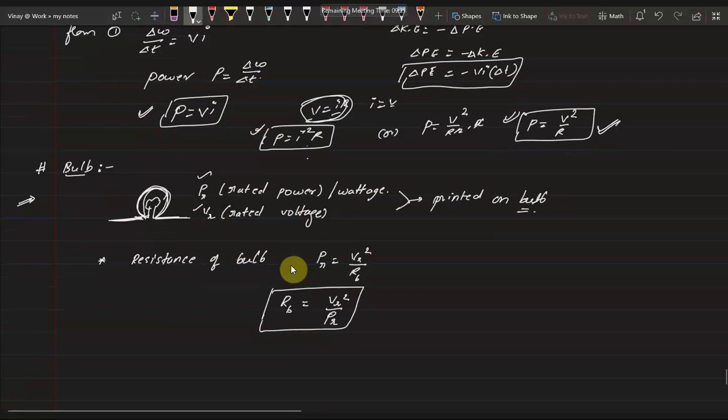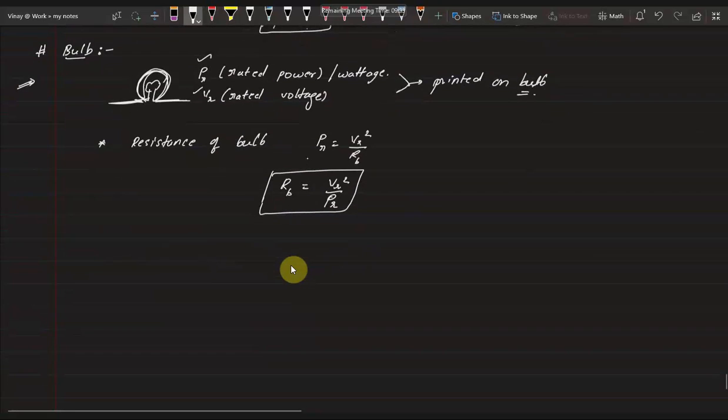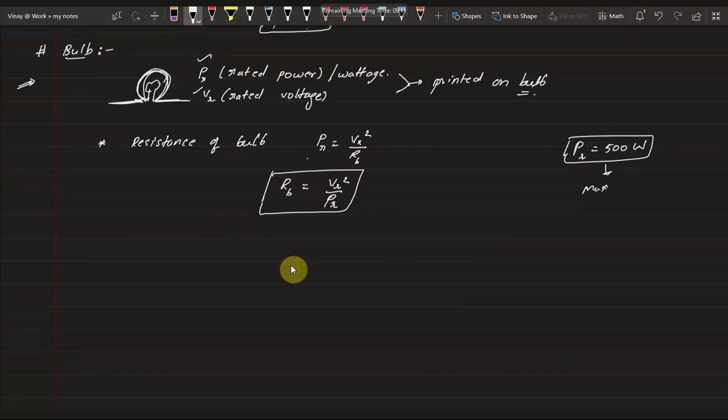Now please remember, for example, I will purchase one bulb from the market whose wattage is 500 watt. What is the meaning of this? Maximum power it consumes.